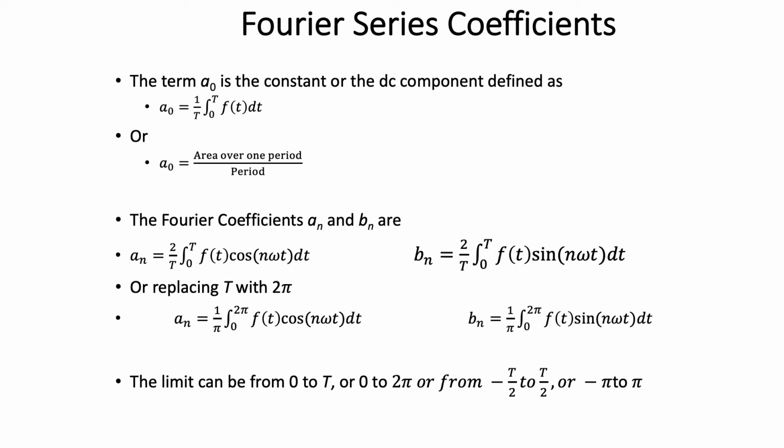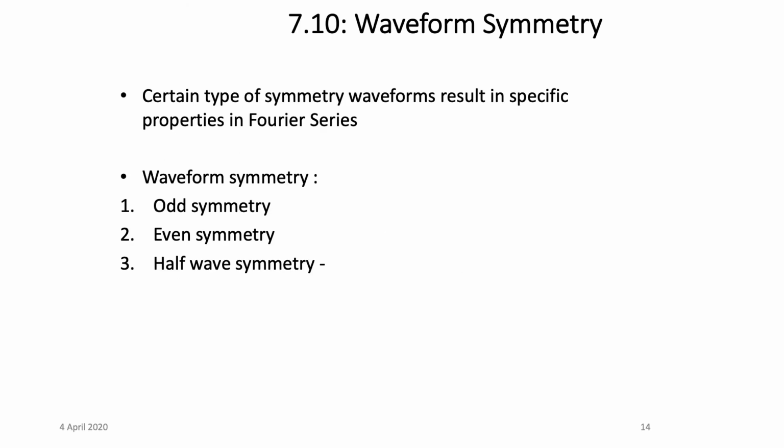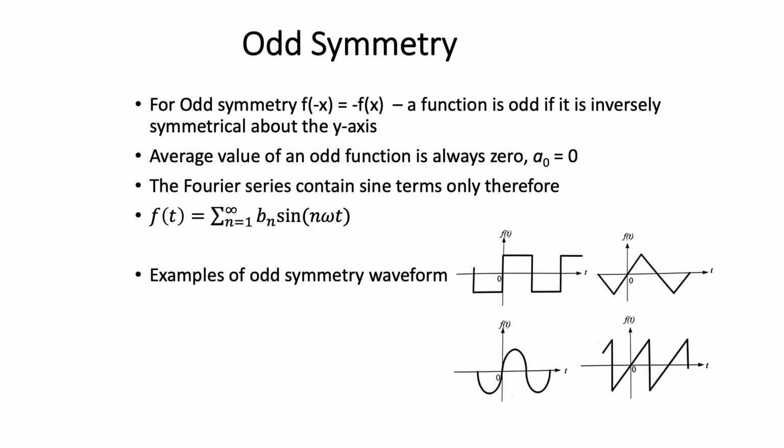The limit can be from 0 to T, or 0 to 2 pi, or from minus T over 2 to T over 2, or minus pi to pi. In electrical engineering, Fourier series of functions is considered for odd symmetry, f(minus x) equals minus f(x), in which a function is odd if it is inversely symmetrical about the y-axis.